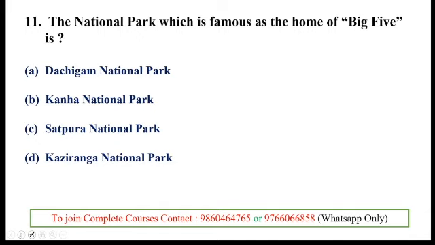And the next question: which national park is famous as the home of the Big Five? The Big Five indicates the animals or species, and the home of the Big Five is Kaziranga National Park. And what are the Big Five?